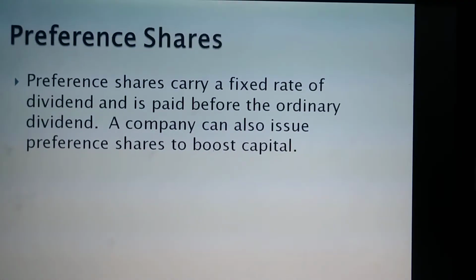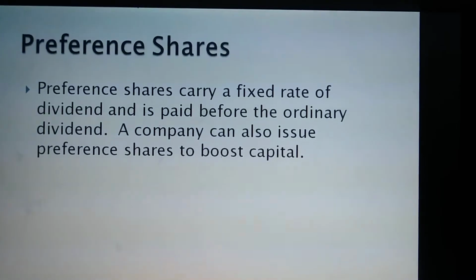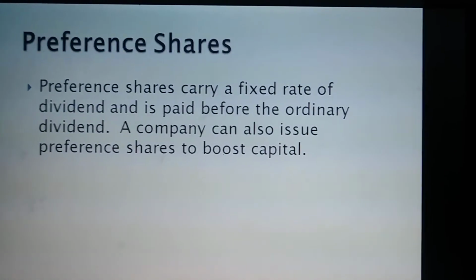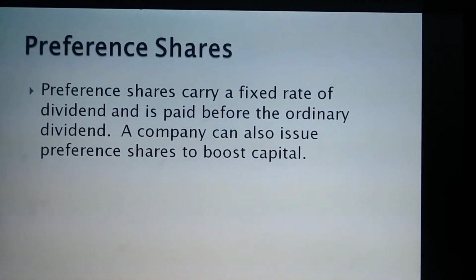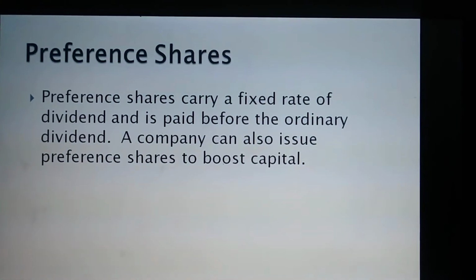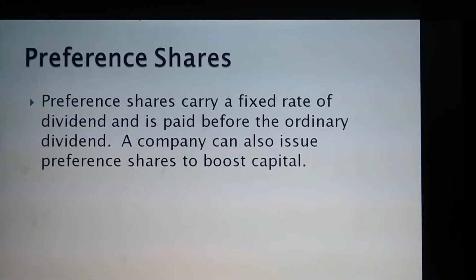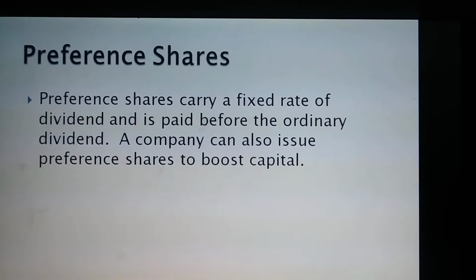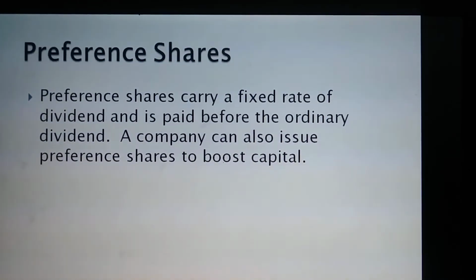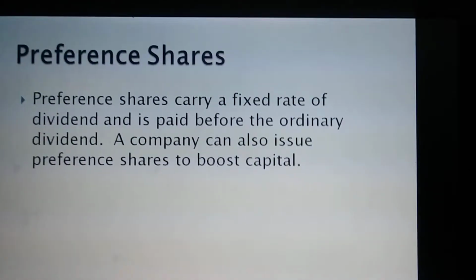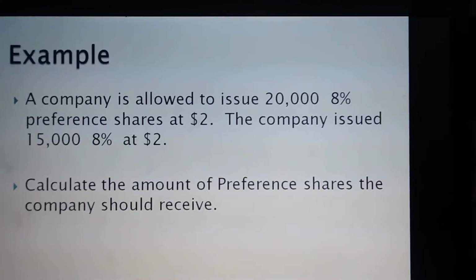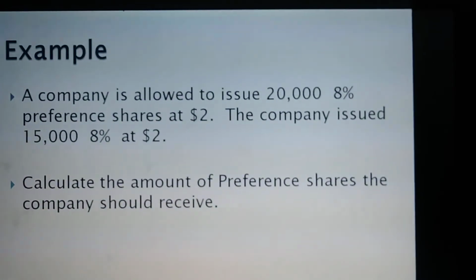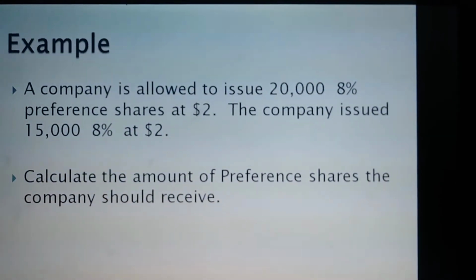Another type of share is preference shares. You can recall preference shares carry a fixed rate of dividend and is paid before the ordinary dividend. A company can also issue preference shares to boost its capital. Yes, they might need additional, so they will offer or issue preference shares.